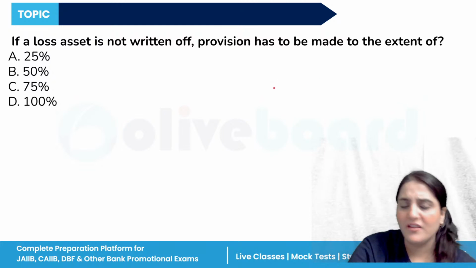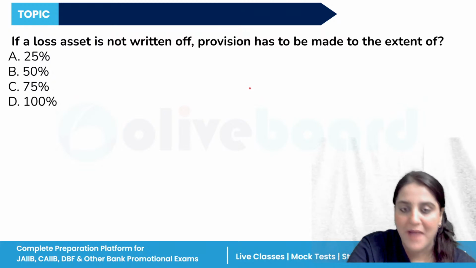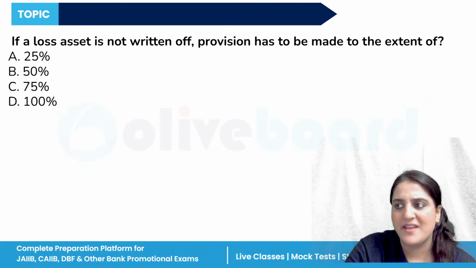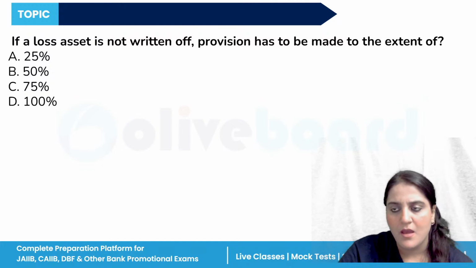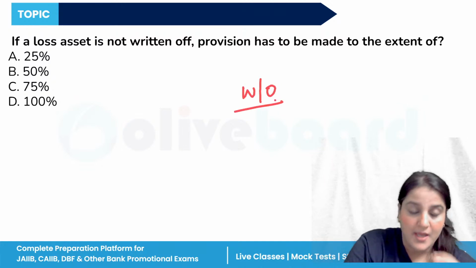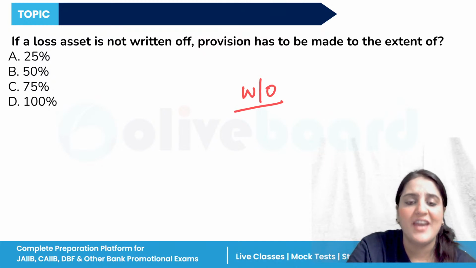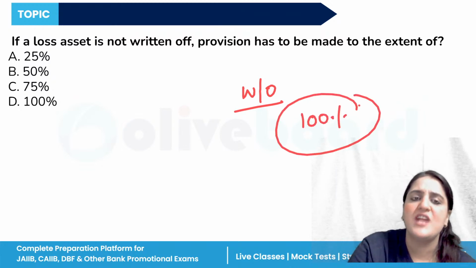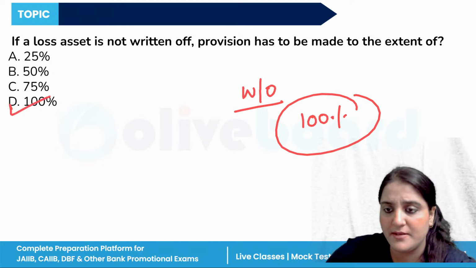See, a loss asset is one where the loss has been identified by the bank or internal or external auditors or by the RBI inspections, but the amount has not been written off wholly. Loss assets should be written off. If loss assets are permitted to remain in the books of any region, 100% of the outstanding should be provided. So the answer is 100%.